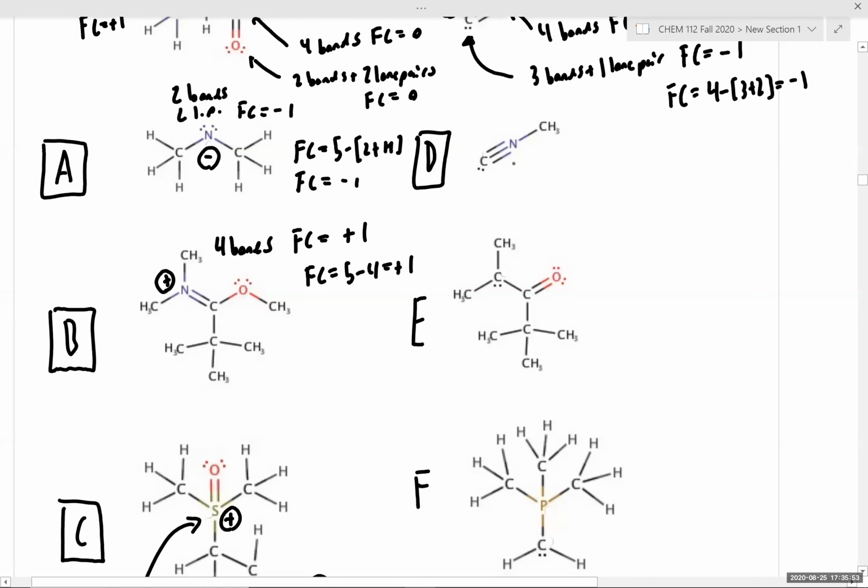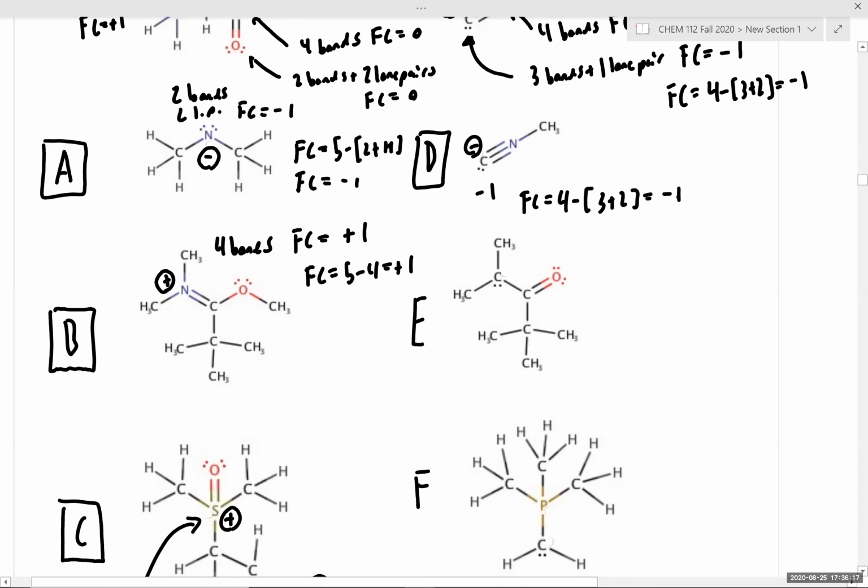And what would the formal charge be for carbon, and for nitrogen? Carbon -1. Yep. Looking at our formal charge calculation, we'd have our group number of 4 minus 3 bonds plus 2 lone pairs. That gives us a formal charge of -1.